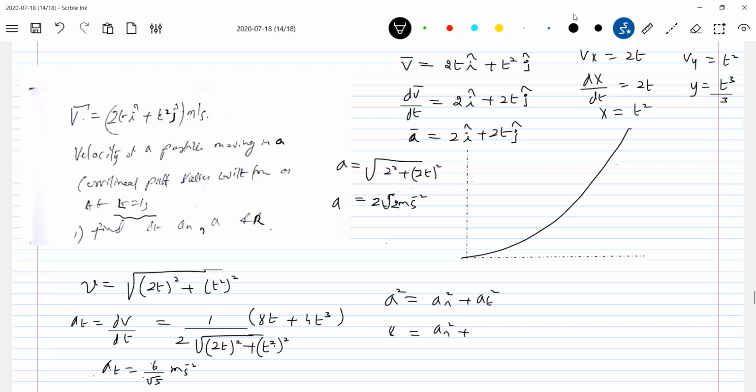We don't know. a t square we know, 6 by root 5 whole square. Solving this, we'll get the a n value. a n will be 2 root 5.